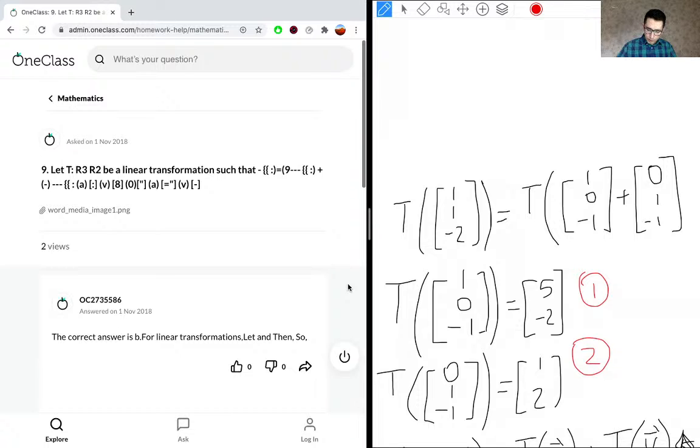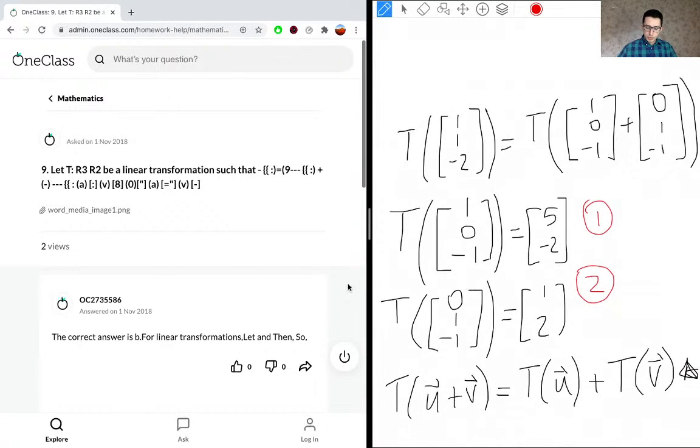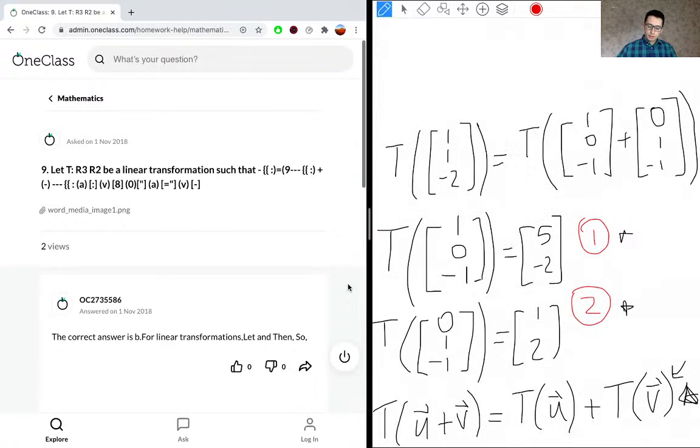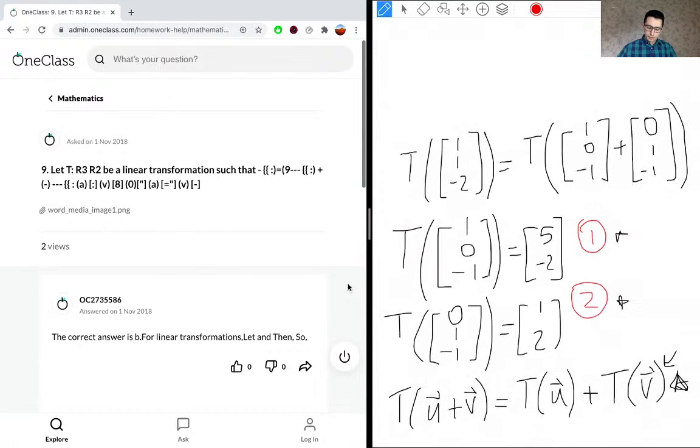Sorry, negative 1 down here. So we can see how this is equivalent to this. And this will help us use the two transformations below, number 1 and number 2, to solve. We'll use this property to simplify the equation a little further.